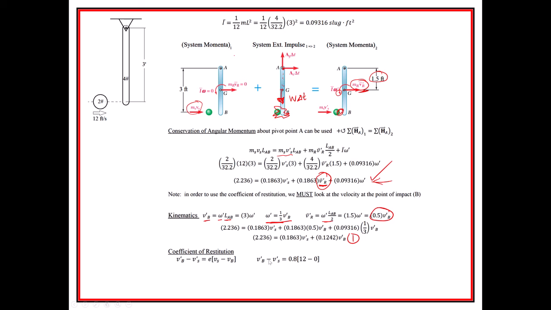And then on the right over here, this VB prime and the VS prime, that's what we're looking for to put it back into this. So that right there is going to be the second equation. And between those two, we have two equations and two unknowns. And we're able to find the VS, the sphere.